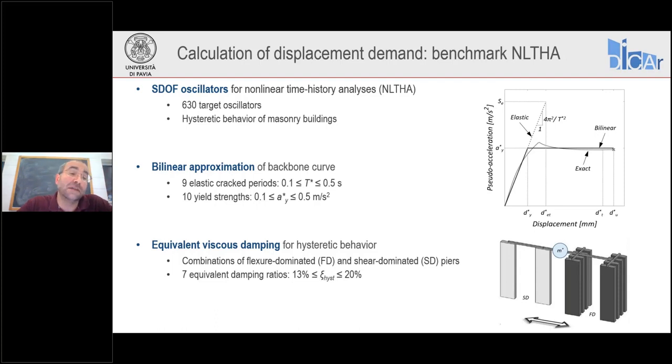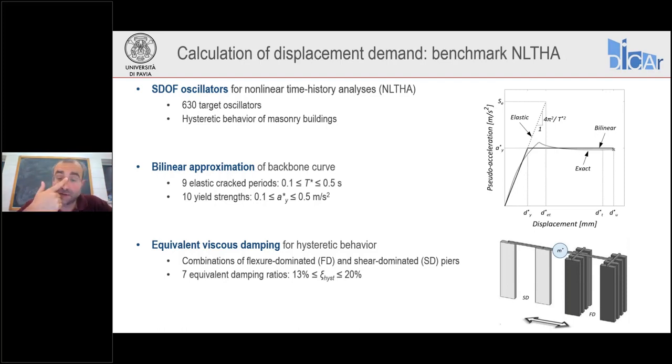We targeted 10 different values of A star Y between 0.1 and 0.5 meter per second square. And we consider 7 different equivalent damping ratios between 13% and 20% obtained by combining flexure or shear dominated piers with the mass of the single degree of freedom system.